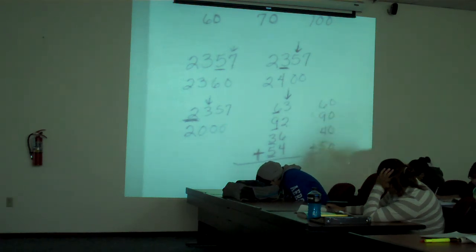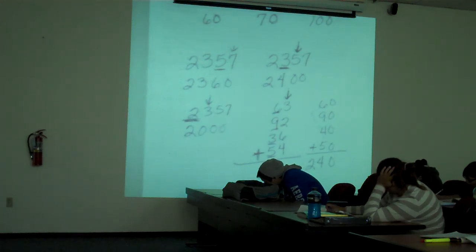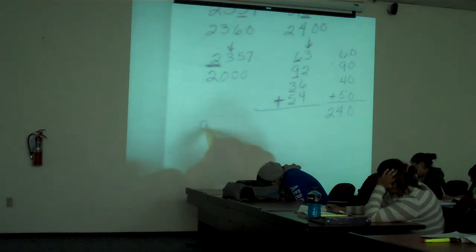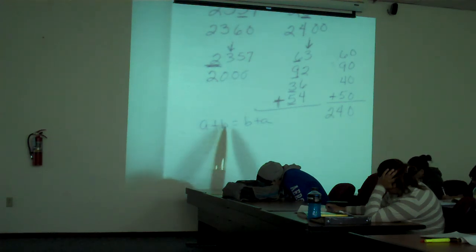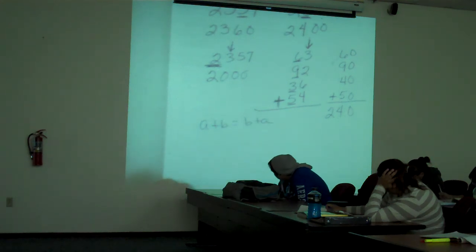You can add in any order. Do you remember what property that is when you add in any order? Have we done the properties yet? If you have like A plus B, it's the same as B plus A. That's like if you were commuting from Albuquerque to Bernalillo, you travel as far as somebody commuting from Bernalillo to Albuquerque.